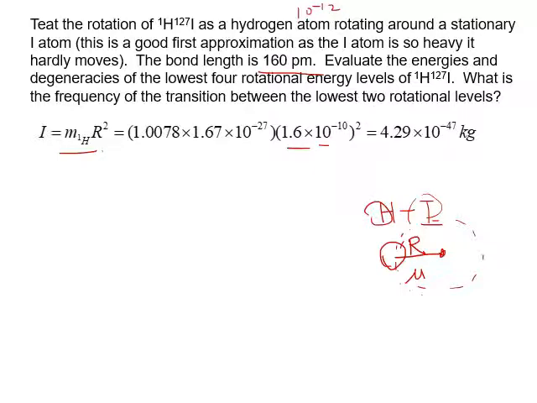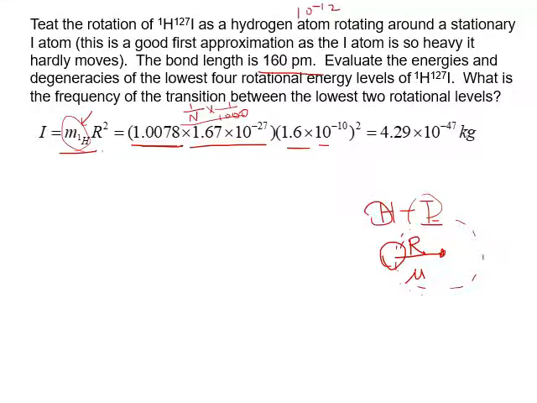And the mass here, first we find the molar mass of the hydrogen atom, but in this equation, this mass should be the mass of one individual atom. So we have to divide by Avogadro's number, and this is grams per mole, so we need to change it to kilograms. You need to divide by 1000, and by doing that you get 1.67 times 10 to the minus 27.